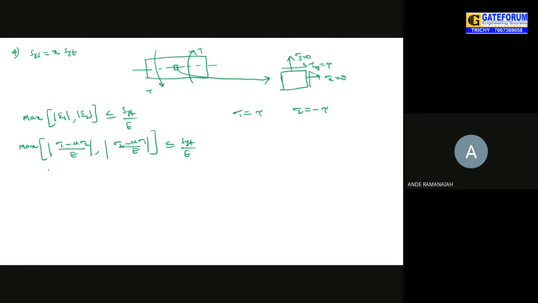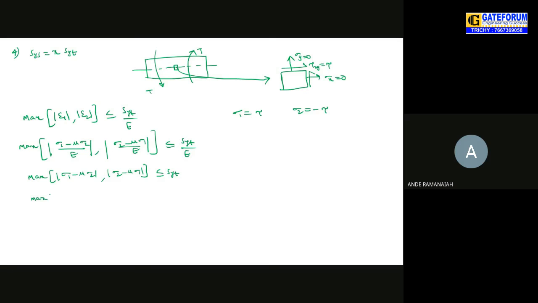So this will become the maximum of sigma 1 minus mu into sigma 2, comma, sigma 2 minus mu into sigma 1, should be less than or equal to SYT. Just substitute these values into this one.